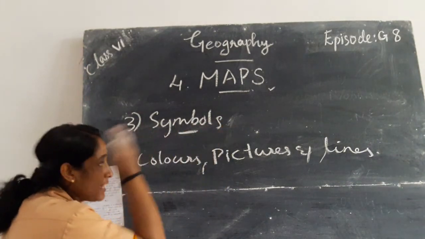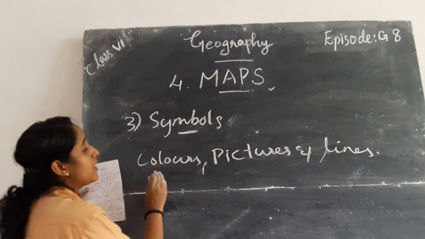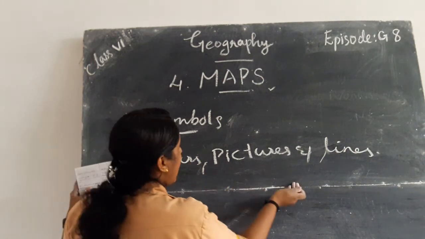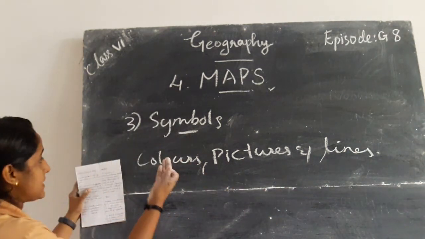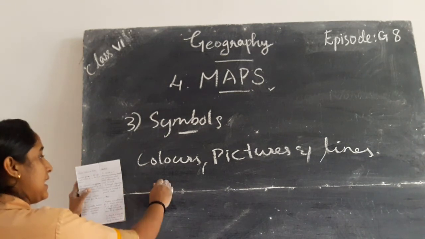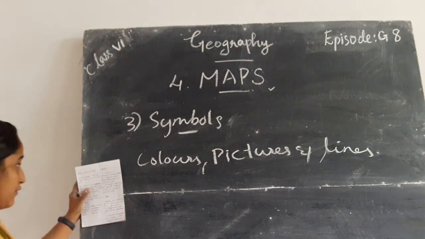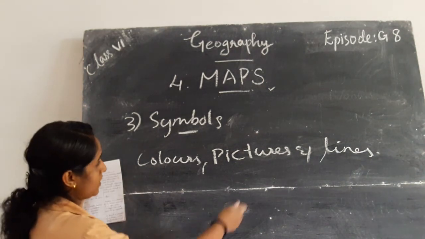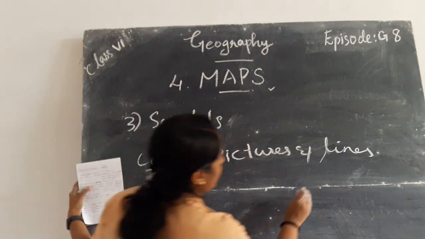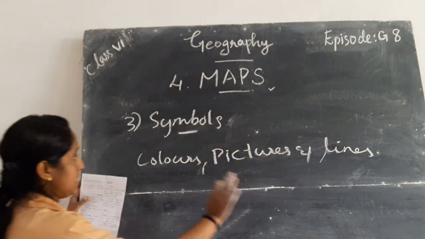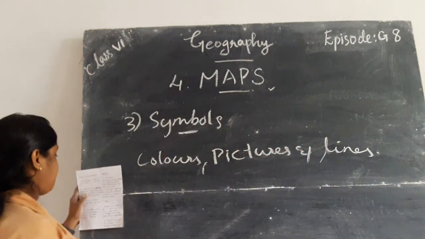These symbols are mainly used with different colors, different pictures and lines for different parts. So this is used for symbols.